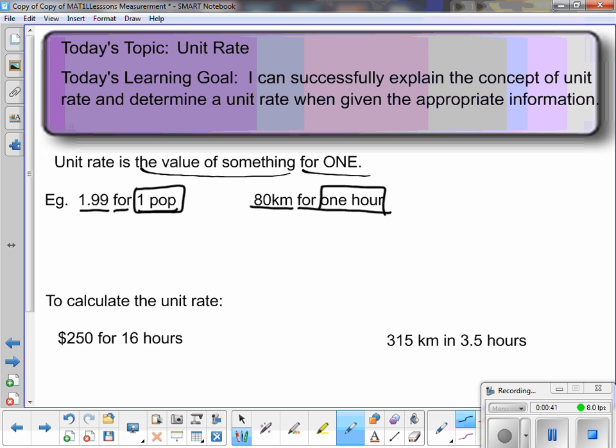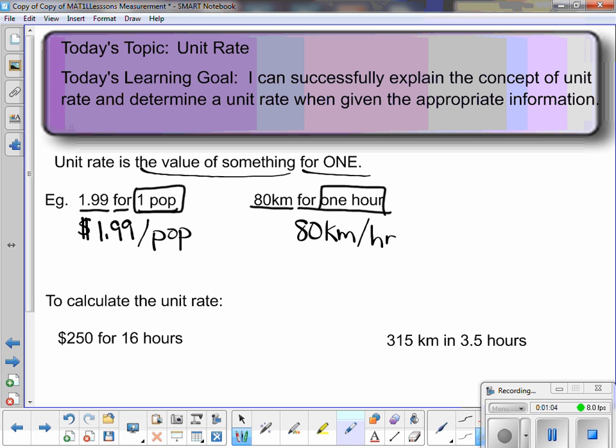Okay, now often we don't write it for. We sometimes will see $1.99 per pop, which means one pop, or 80 kilometers, and then we put per hour. Okay, so you've seen that before because if you've been on any roads, that's what it says.